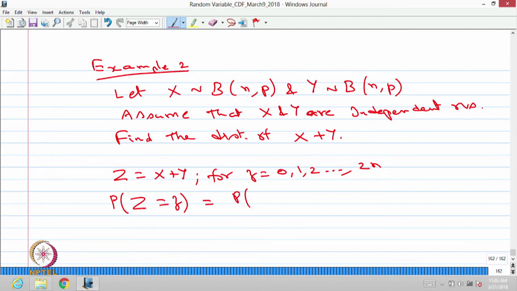So, I can replace z by x plus y takes a value small z.